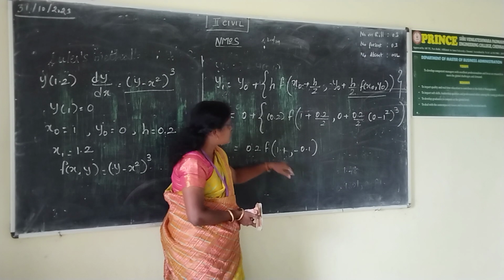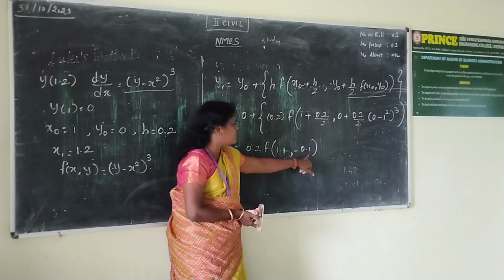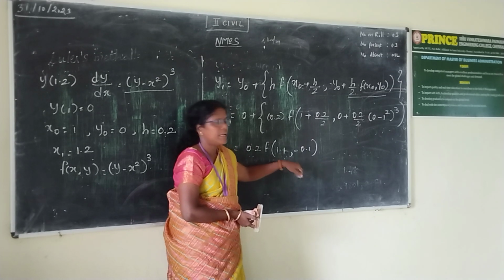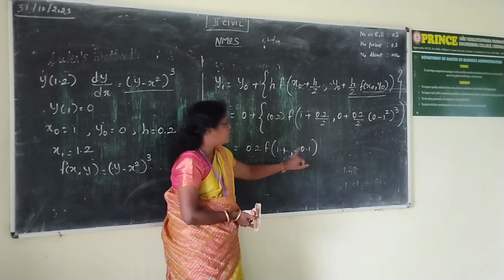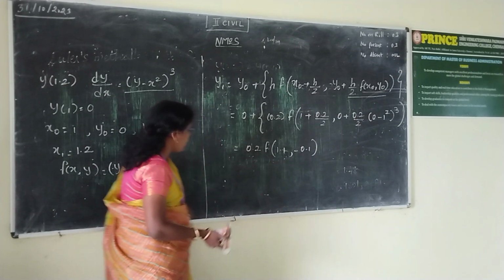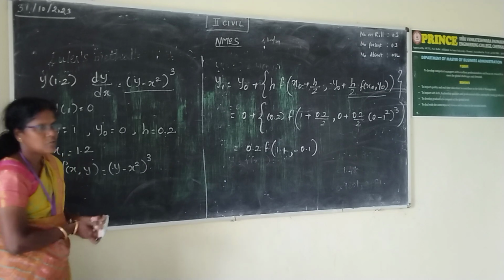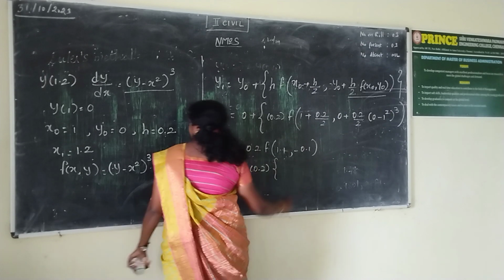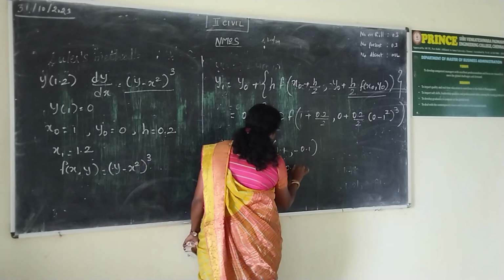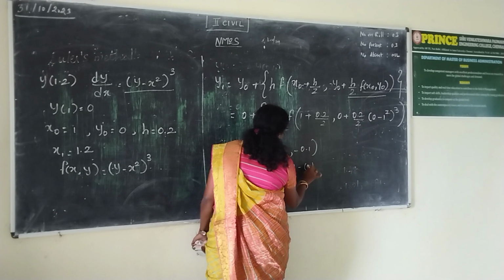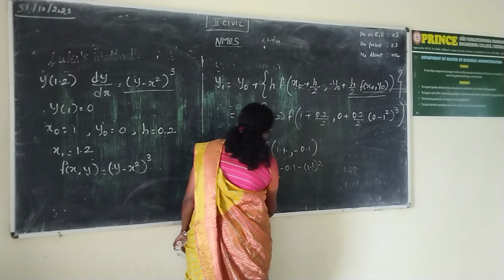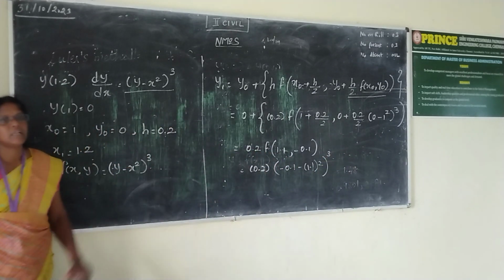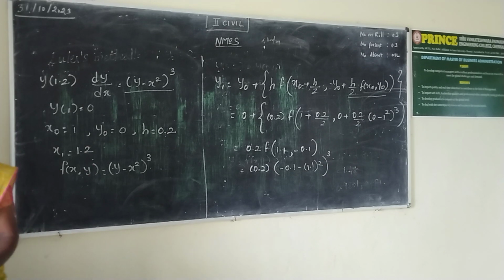So in this step, instead of x, you replace 1.1 and instead of y, you replace minus 0.1. This is f of x comma y, and x is 1.1, y is minus 0.1. So in your formula, you replace those values. So do 0.2 into y minus x square, so minus 0.1 minus 1.1 the whole square, the whole cube. y minus x square the whole cube. Find what the answer is.